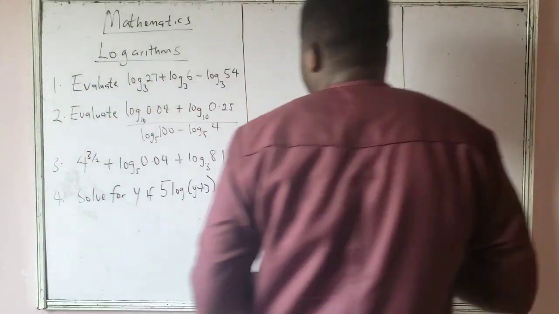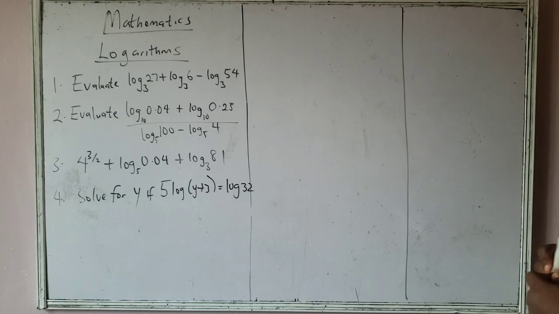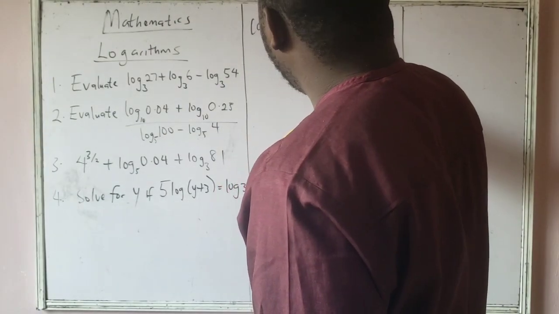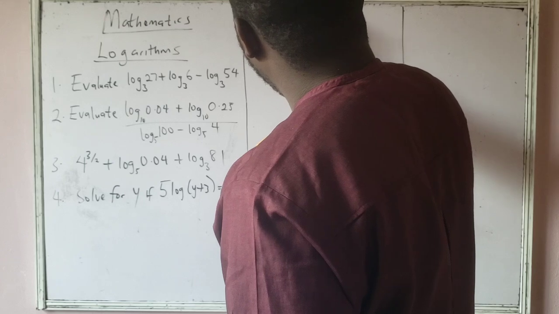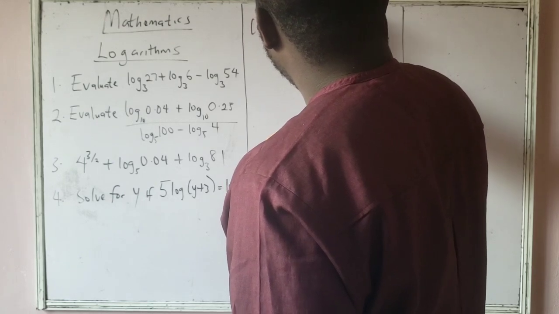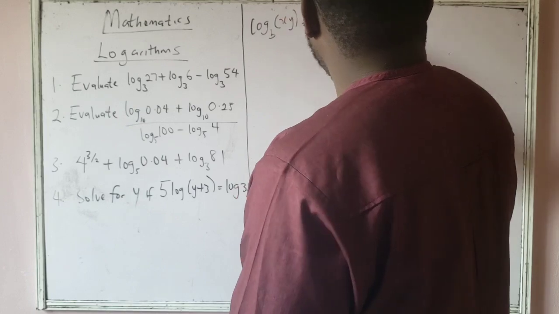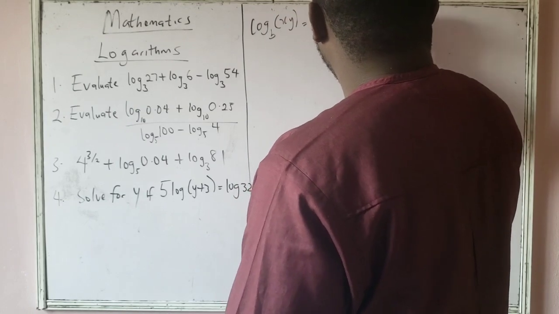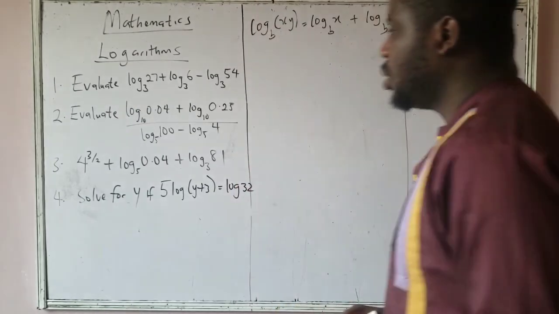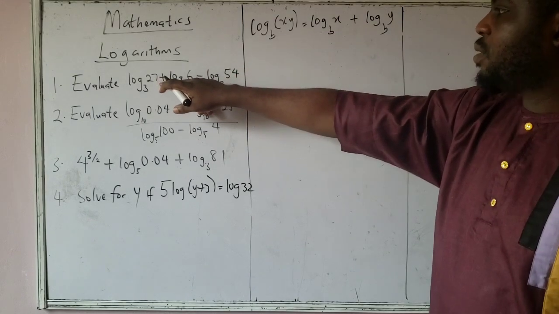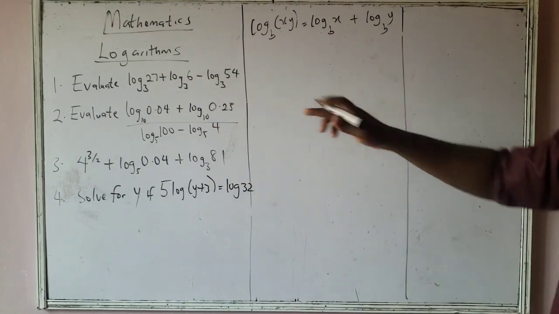And from the law of logarithm, we know that if we have log base b of xy, it is log x base b plus log y base b. So what this actually means is that when we say plus like this, we are going to times.